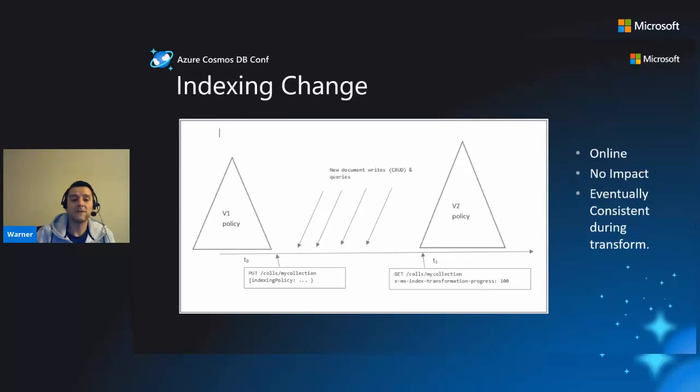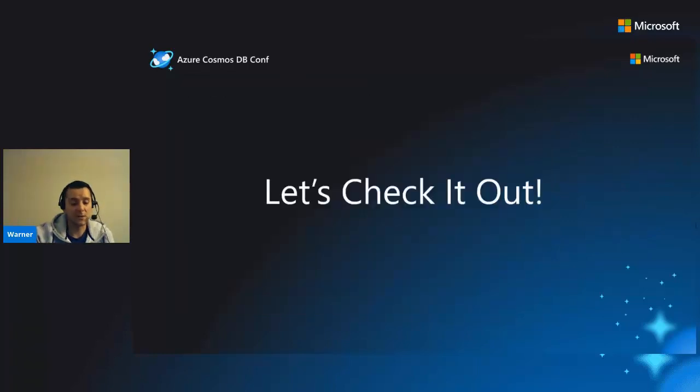You specify the new indexing policy that you want. The system continues to use the old policy until the new policy is in place, and then it switches it behind the scenes without any disruption. The only thing to keep in mind is that the read queries are going to be eventually consistent while that transformation is happening. All right, so let's check that out as well.